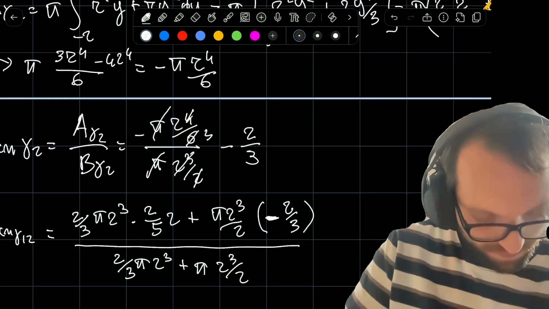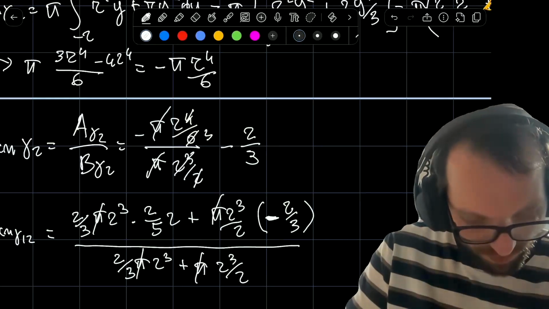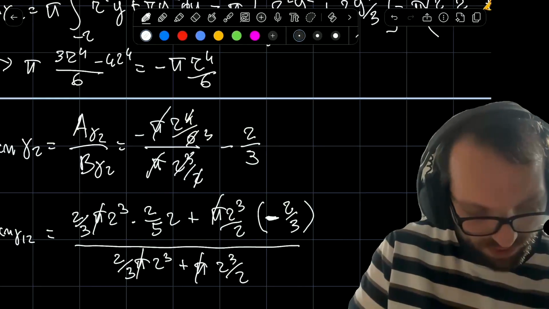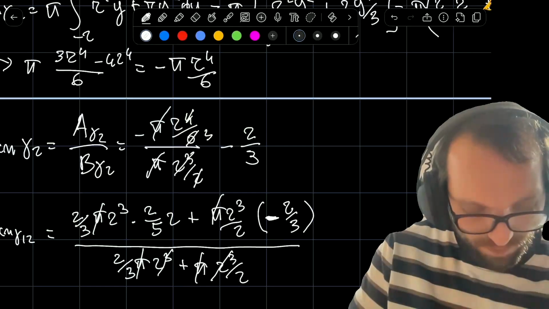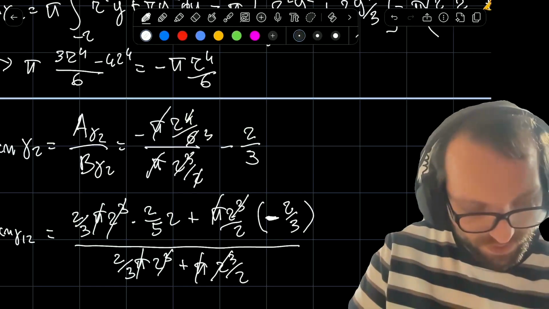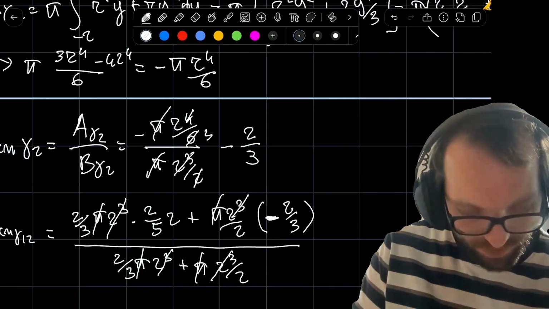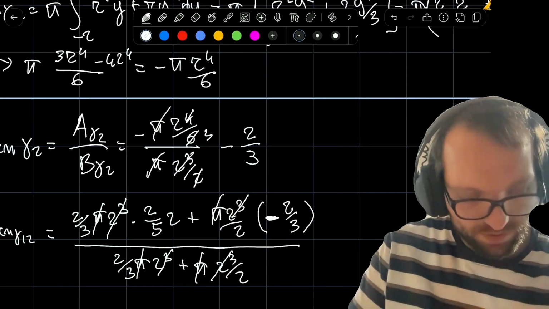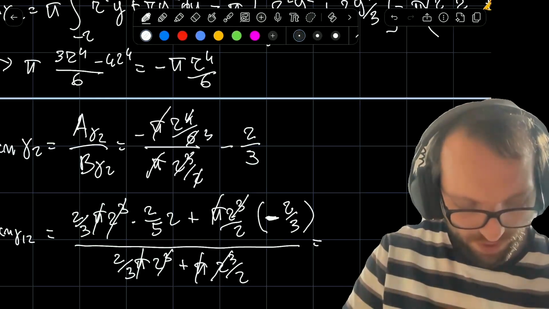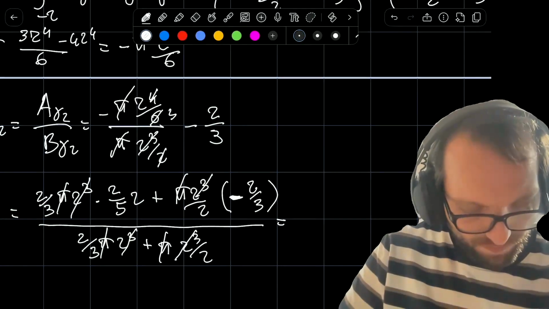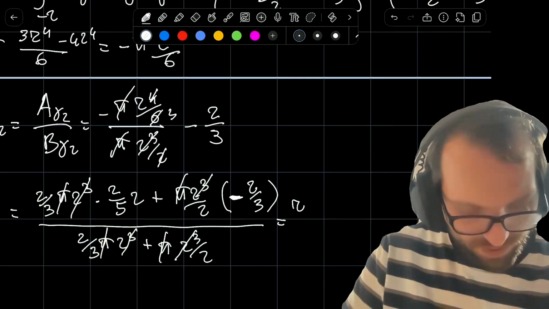Okay, here a lot of things go away, pi. Here we have this r squared, r to the power of 3 here, that goes away. Okay, so what we have is an r here.